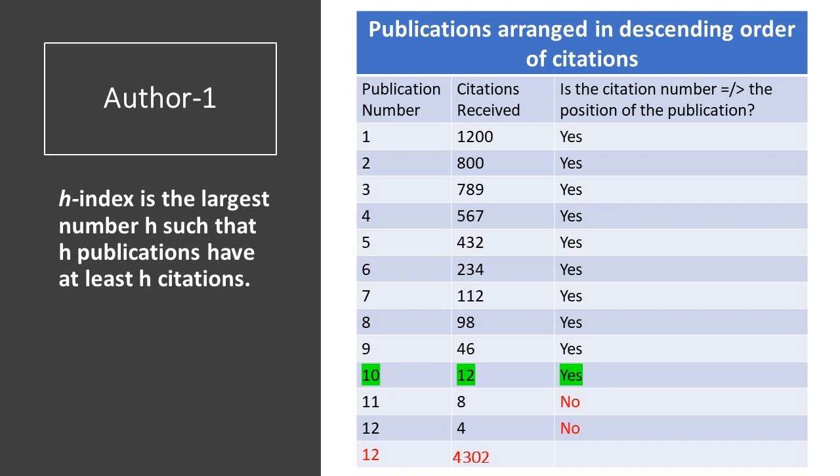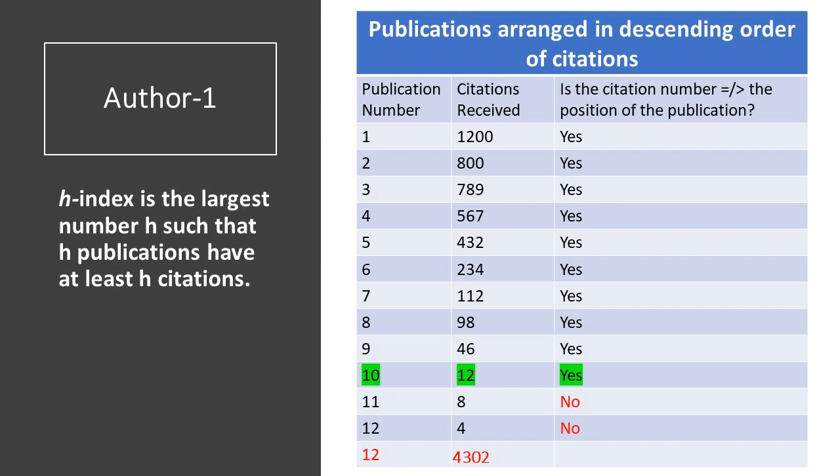The paper that has received the maximum number of citations has been placed at first position. The paper that has received the next highest number of citations has been placed at second position, and so on. So the 12th paper has received only 4 citations and the first paper has received 1200 citations.